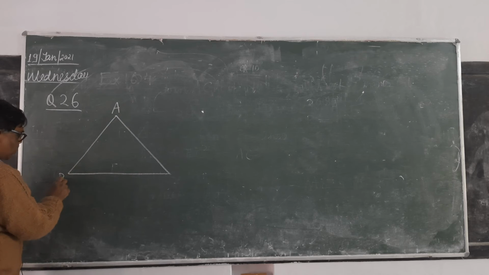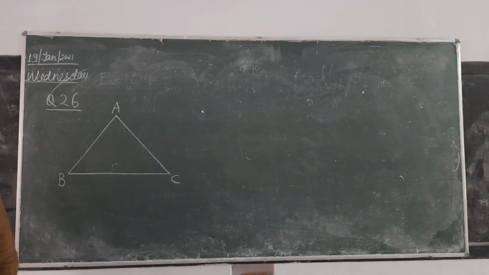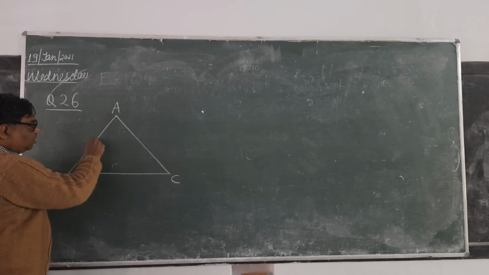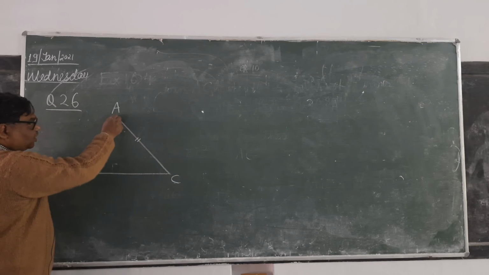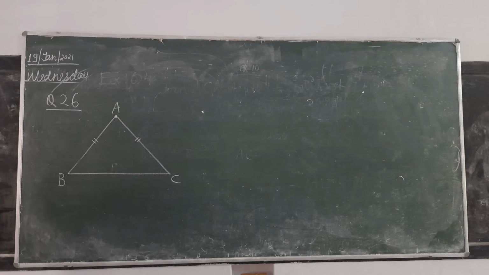And all of you remember one thing: in isosceles triangle, the point where equal sides meet is called the vertex. जहां पर इक्वल साइड्स मिलेंगी वो क्या कहलाता है? वर्टेक्स. इट्स क्लियर? एंड द अनइक्वल साइड इज कॉल्ड द बेस. And here also this property holds. Perpendicular drawn from vertex on the base bisects the base.